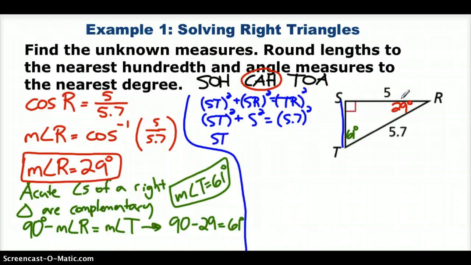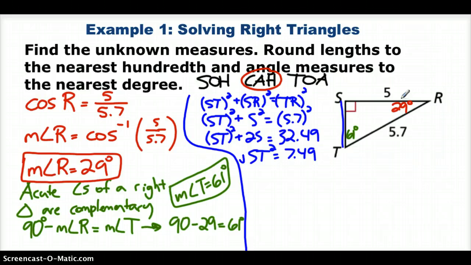And I continue to keep going, right? So ST squared plus 25 equals, I'm going to go ahead and find my calculator here for 5.7 squared. I get 32.49. And I'll now subtract 25 from each side to get that ST squared equals 7.49.